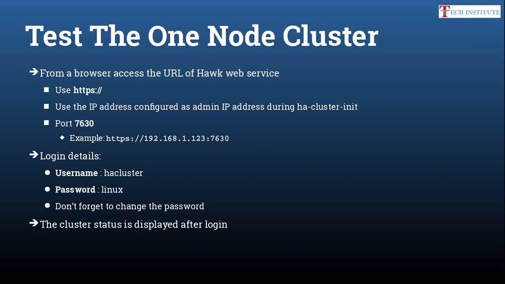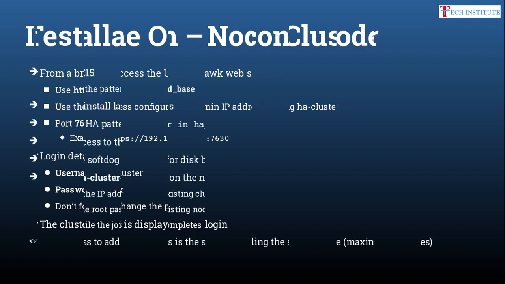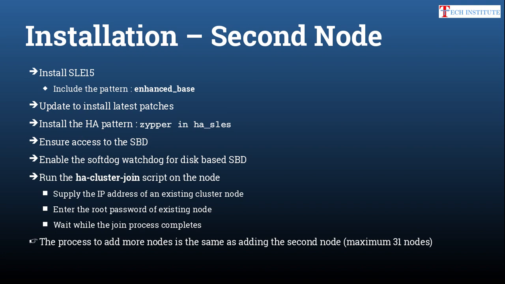Now once you are done with your first node installation, setup and testing, then you proceed with the second node installation. It will be the same as the first node, where you install SUSE, then you install the enhanced base and HA pattern, install all the latest patches and configure SBD.